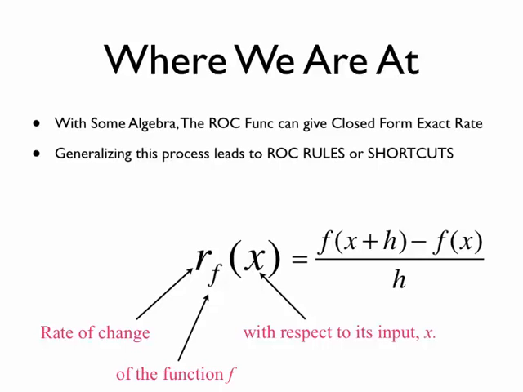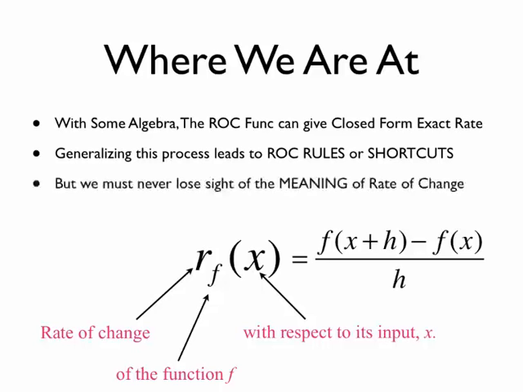And so many of you made many mistakes, and so you weren't getting the right answers. Well, this rate of change function we trust. We don't always trust our algebra, but we can always trust this. This will always give us the correct rate of change. But in the whole deal of this, we can never lose sight of the meaning of rate of change.